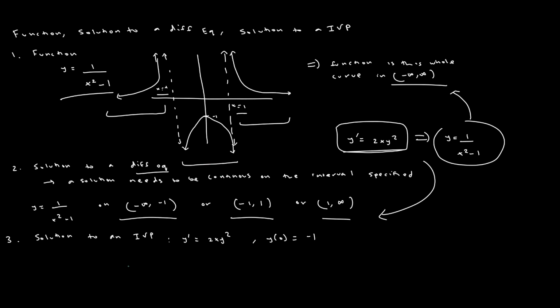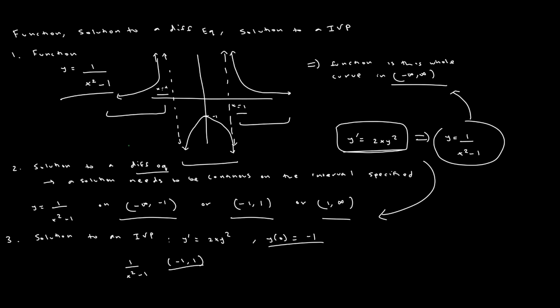So the solution is 1 divided by x squared minus 1 on the interval -1 to 1. So we're no longer ambiguous about which interval we're worried about because the initial condition is defined in the middle interval. And so the rest of the intervals, from 1 to infinity and -infinity to -1, are not valid for our particular initial value problem.